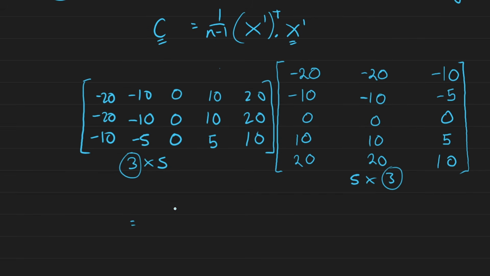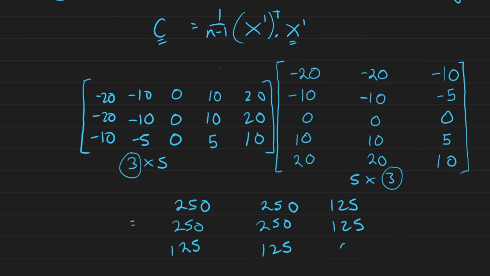When we do that, we find that this 3 by 3 matrix has the entries 250, 250, 125, again 250, 250, 125, and 125, 125, 62.5.